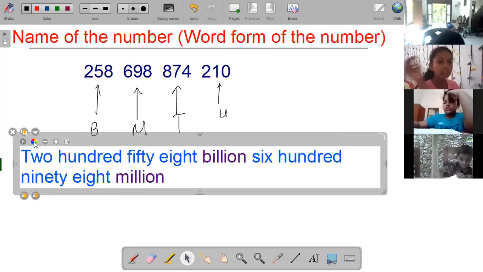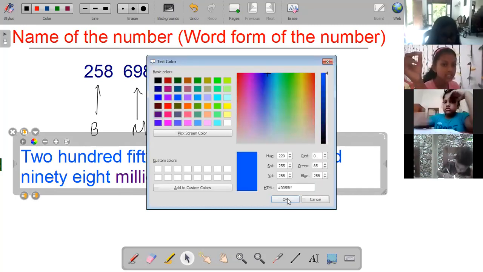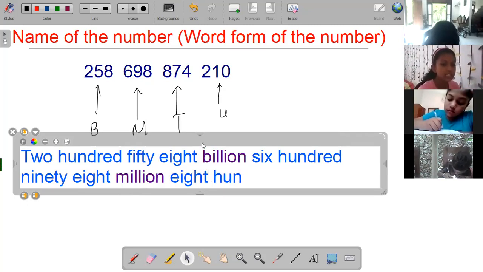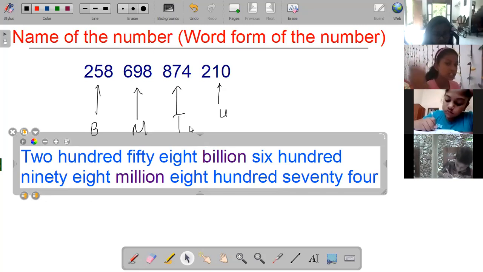Then I'm going to the next period, okay? Next period, it is the thousand period now. So you can write the value 874. 874. What is the period name? Thousand.